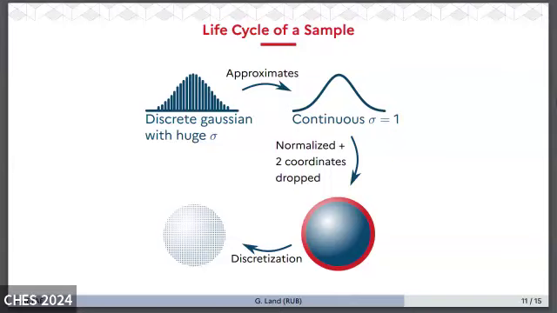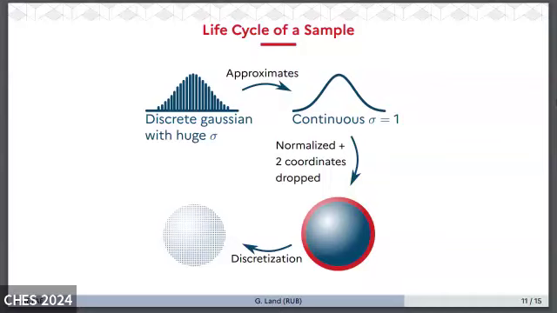And actually what we're doing is discrete Gaussians with a huge standard deviation, which approximates continuous Gaussians with a small standard deviation. Then those 2 steps, normalization and dropping the coordinates, happen, and afterwards we even go back. So we are doing a discretization step, and then we have a fixed point representation of our nonce y.